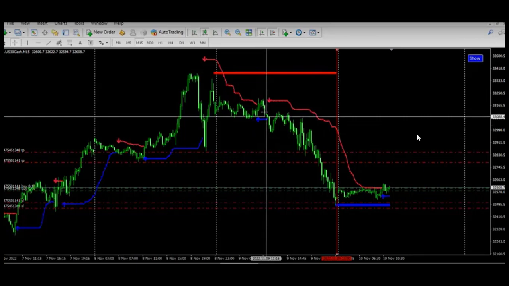So this is a strategy that I use, and when you look at the strategy very well, you will only use it when... now we have the bottom line which is blue and this upper line which is red, and what we do is this one normally determines the end of the trend.